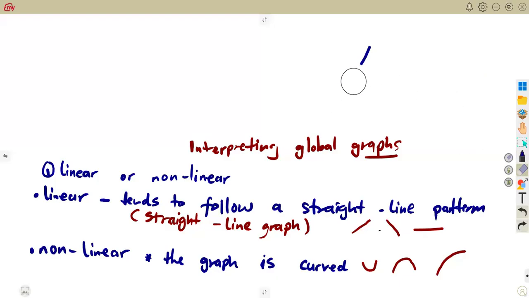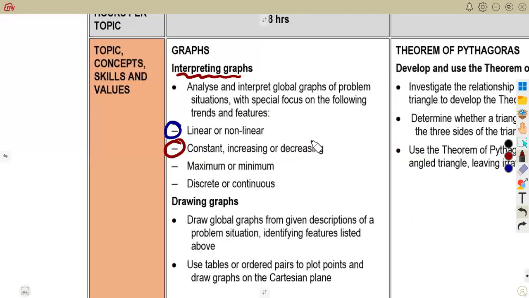If we explain these terms on a non-linear graph, where there is a curve like this, there are points, from this point up to this is the turning point, which is best described when we compare maximum or minimum.